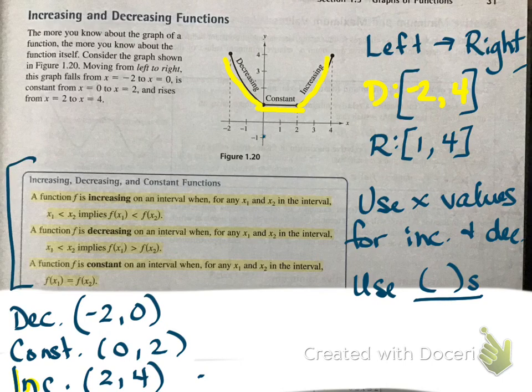This is the more formal mathematical definition. A function f is increasing on an interval when for any x1 and x2, so this would be my x1 and this would be my x2, x1 is less than x2, so I labeled them from left to right, and 2 is less than 4, that implies f of x1, which means the y value here, so the y value for x1 is less than the y value for x2.